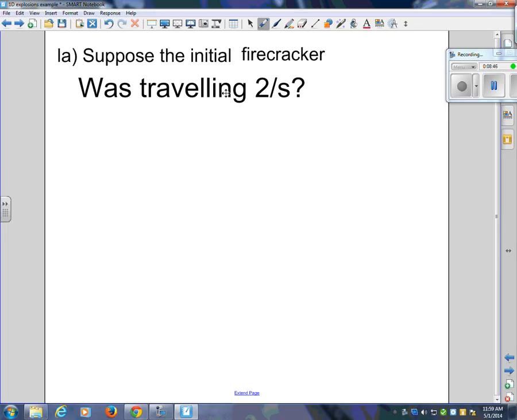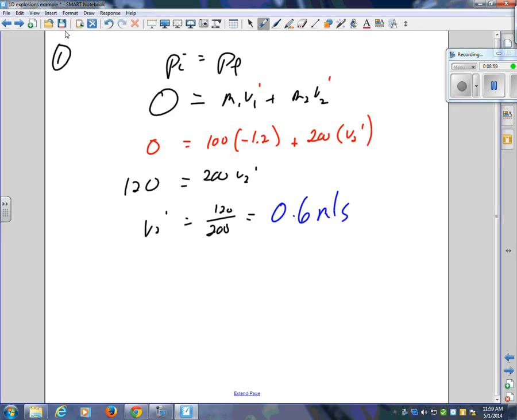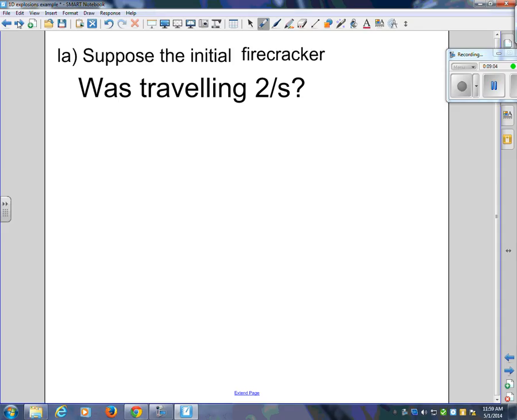Okay, so if it was initially traveling at 2 meters per second, what's the mass before? 300, right? Let's write, because it's 2 pieces, 100 and 200. I'm going to write Pi is equal to Pf. So before I'm just going to write MV.